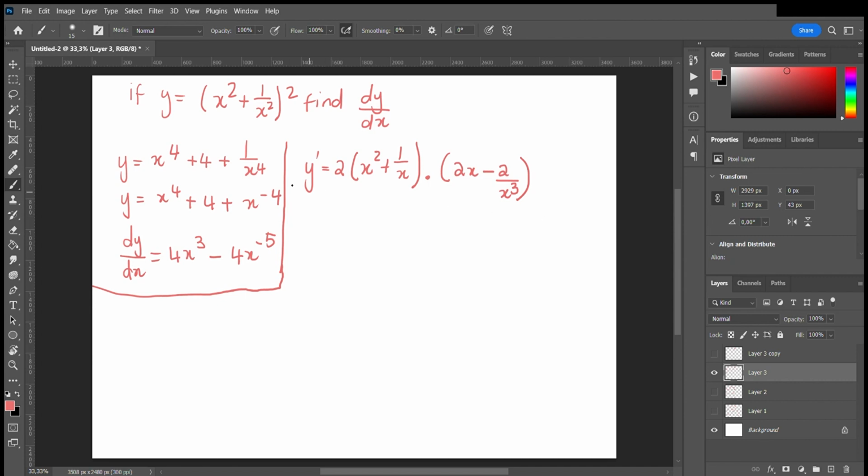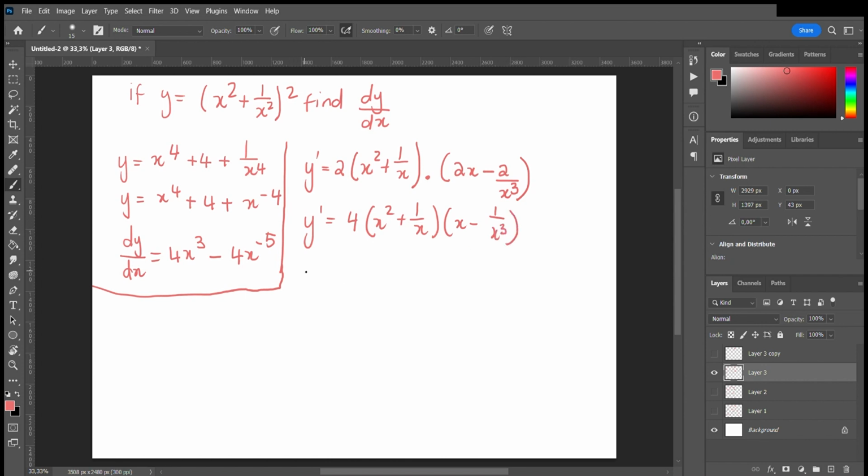And then you multiply this out. I would take out the 2, so I'll have 4 here, x squared plus 1 over x, and x minus 1 over x cubed.